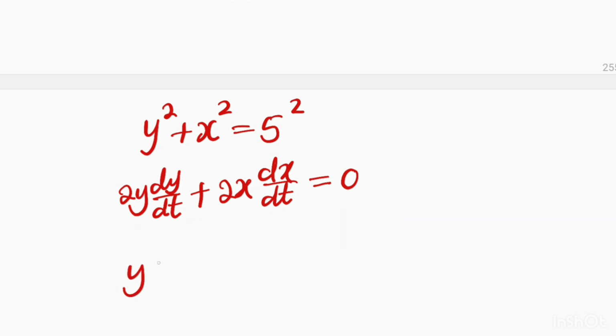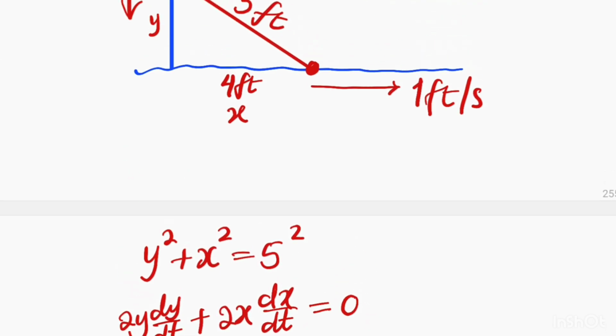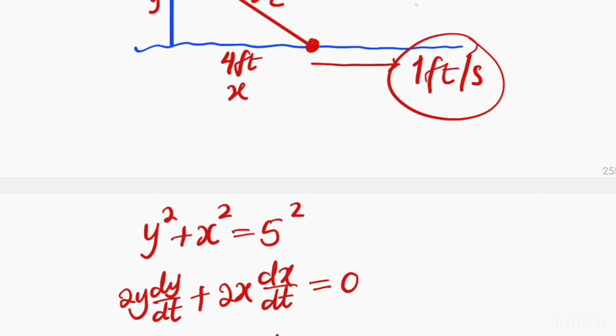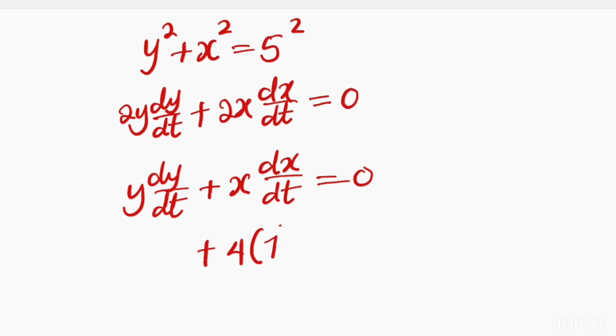So we have y dy over dt plus x dx over dt equal to 0. So we have learned that the x component is equal to 4. And the rate at which the bottom is sliding, that is dx over dt, is 1 foot per second. So we are also going to substitute 1 here. This is equal to 0, right?